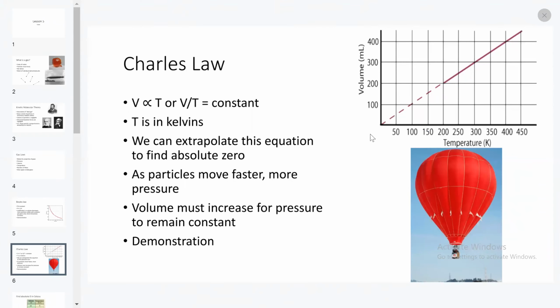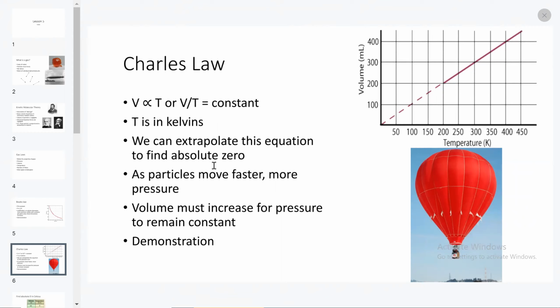Can anyone remember how to convert Celsius to kelvins? Close. So you don't subtract 273.15. You need to add 273.15. So just add 273, okay?